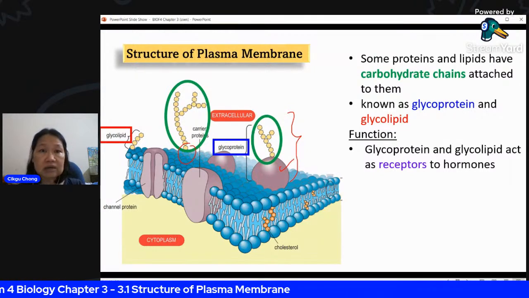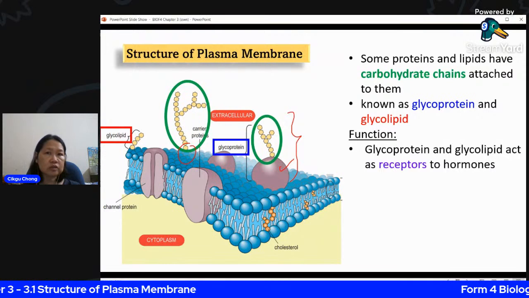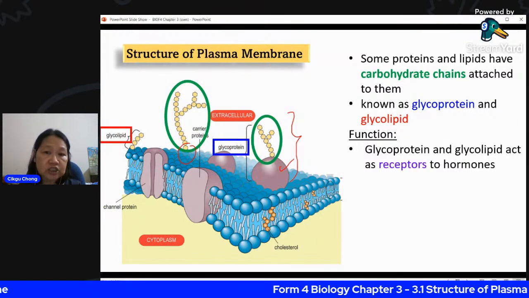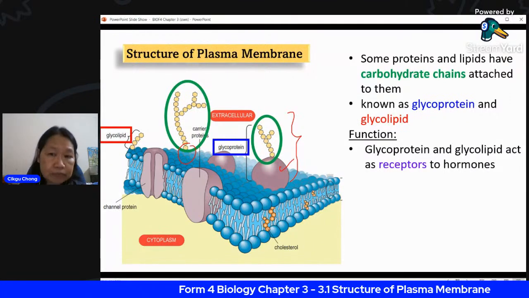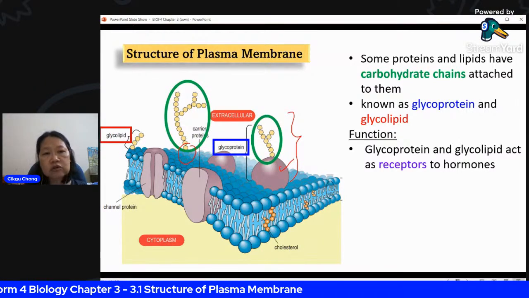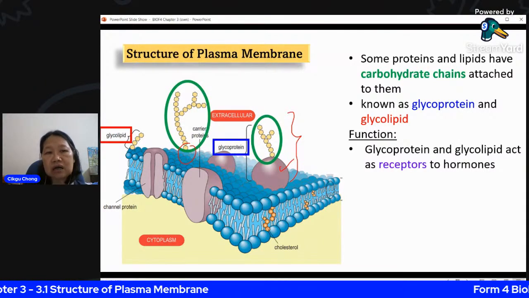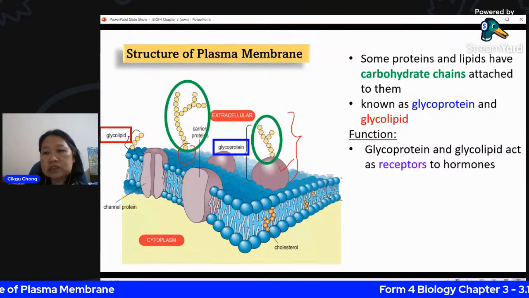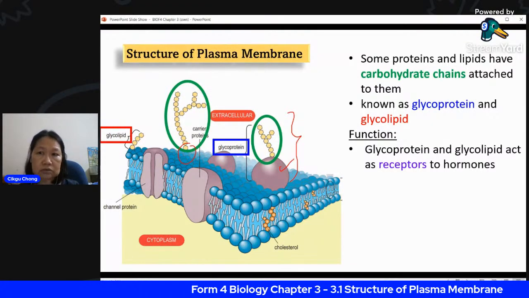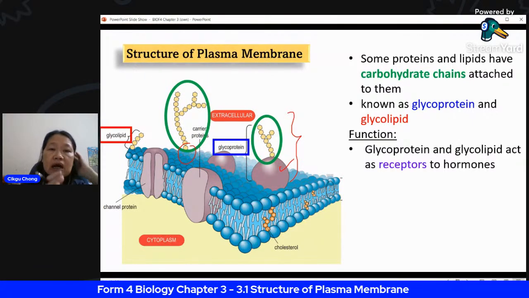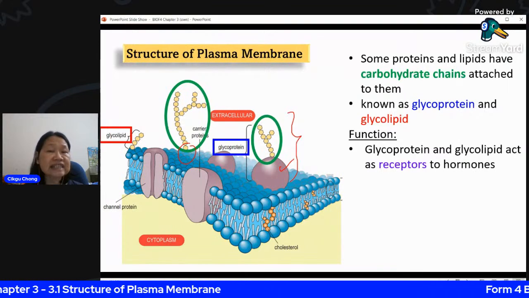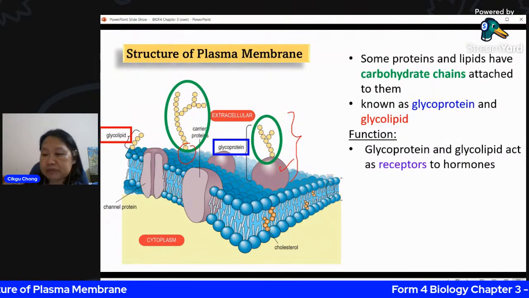Once the hormone chemical comes over, the cell will produce the response. So that needs a place for this hormone to attach. Okay, so this is the receptor. Receptor means to receive. So when a hormone chemical comes, it will be stuck onto these glycoprotein structures. Okay, glycoprotein or glycolipid. So they are receptors to hormone molecules. Okay, once the hormone molecules are attached to these receptors, then your cell will produce the response that is needed. Okay, so they are receptors.